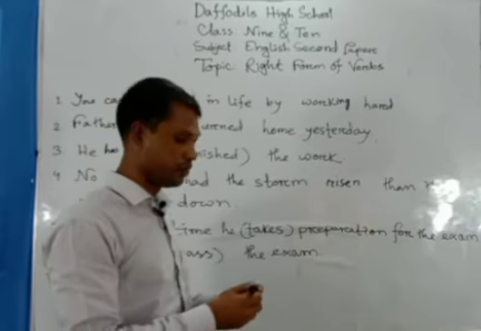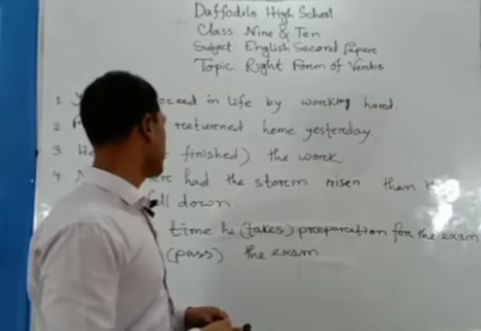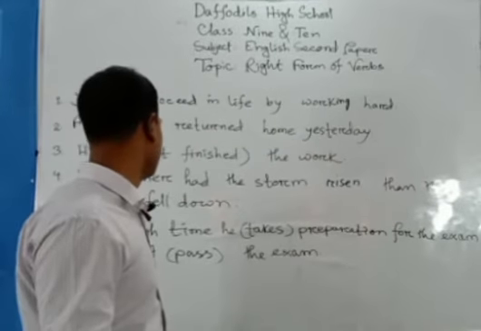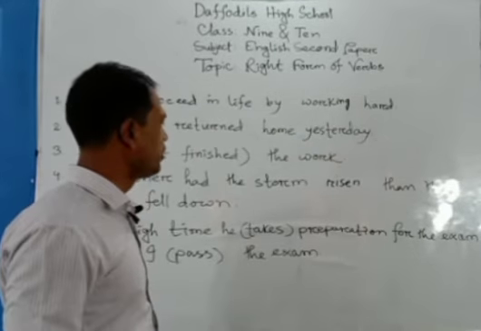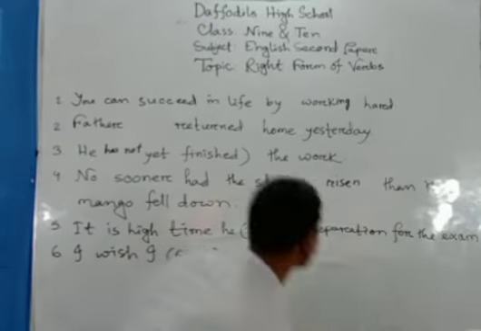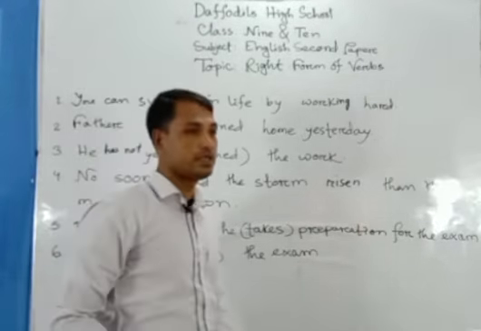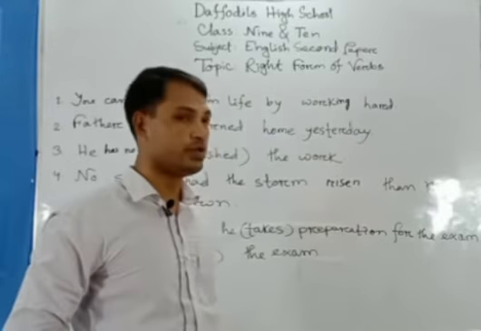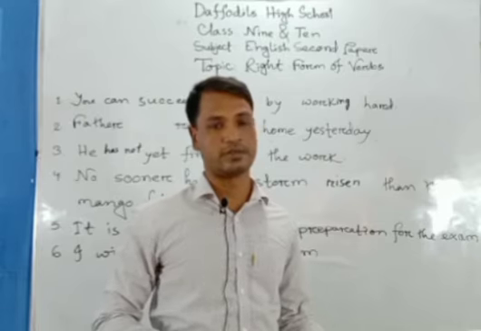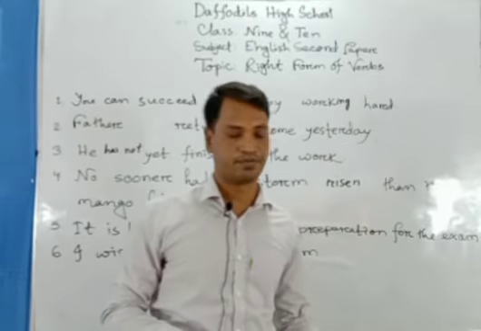Rise, rose, risen, you know. This time this sentence is totally correct. No sooner had the storm risen than the mango fell down. I think this rule is clear to you and you will be able to use the correct pattern of verb if this kind of structure comes in your exam paper.